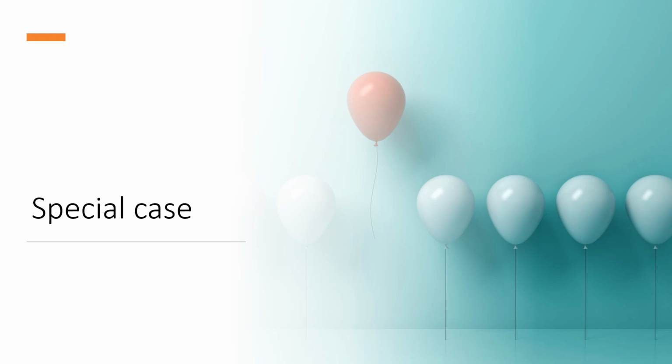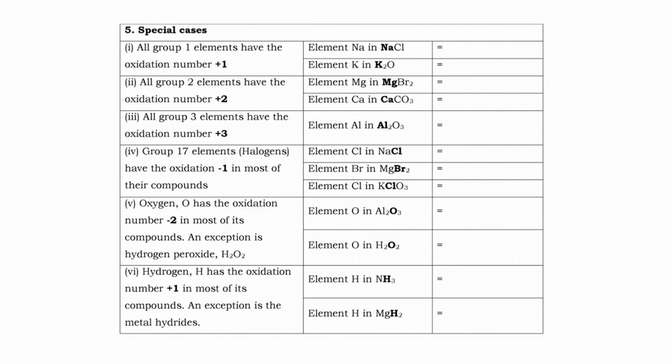Okay, special cases. Example here, number 1: all group 1 elements have the oxidation number plus 1. Group 1 elements, we know, are the alkali metals. Examples are sodium and potassium.